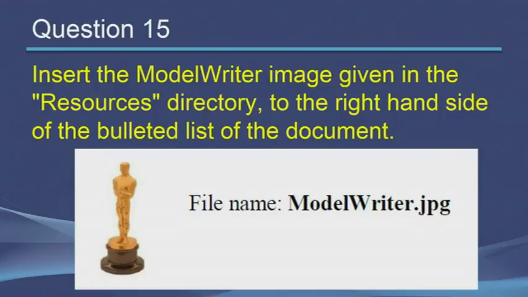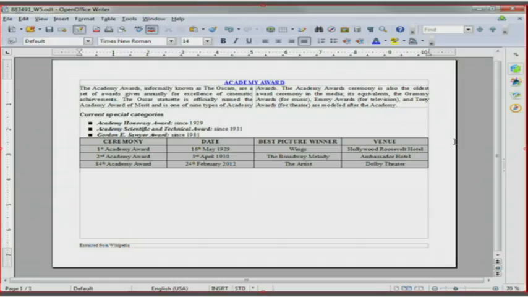Normally for the Writer question, images will be W1, 2, 3 like that, in JPG. So you can identify your images correctly, and please remember to insert the correct image, because in the resource directory there will be several images.